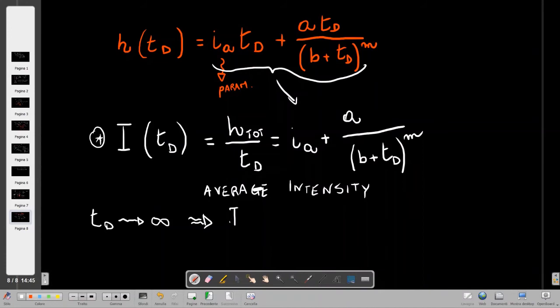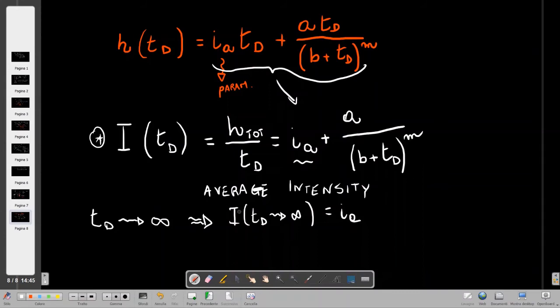Of course, the intensity, in this case, is equal to IA, this one, that is always a number, so the time duration does not influence this term. But in this case, we have a very large value of the duration of the event, and then this term is 0.